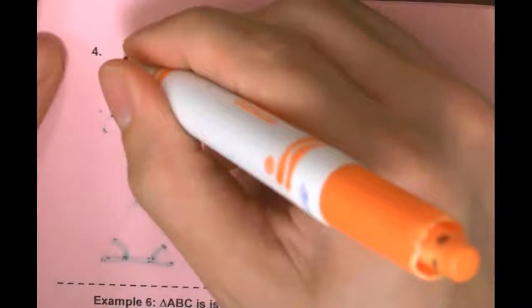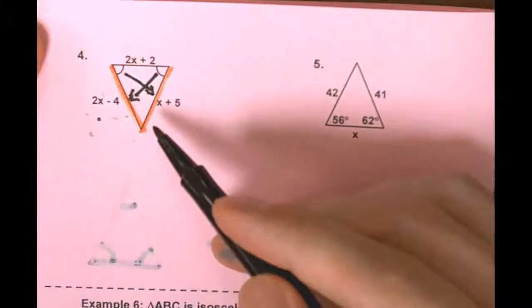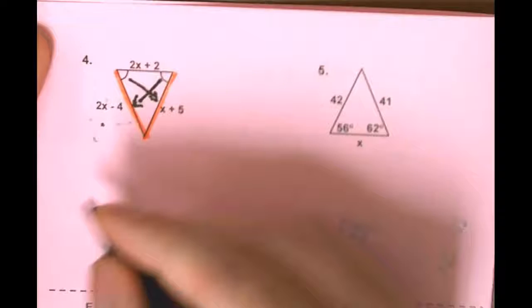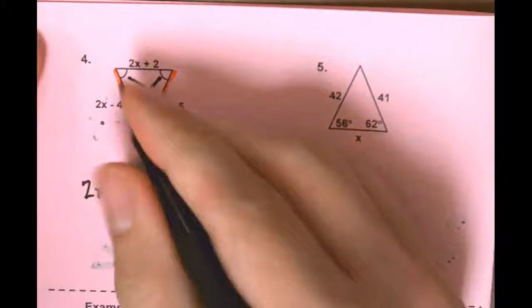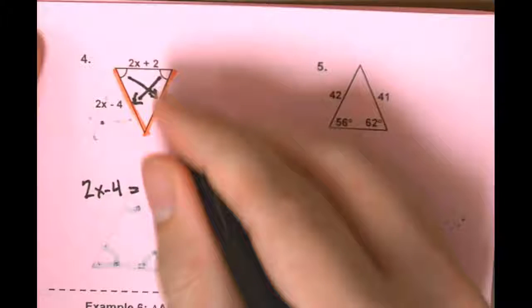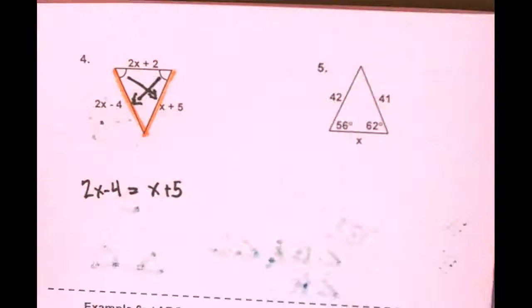This is the leg of an isosceles triangle. Okay? The legs are congruent to each other. So an easy equation we can write would be 2x minus 4, this leg, is equal to this leg, x plus 5. Try to solve for x on your own.